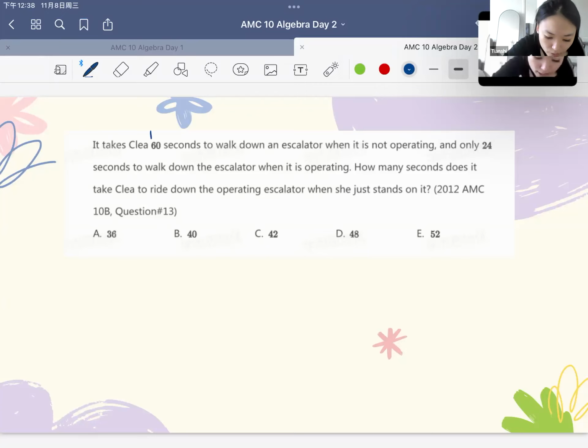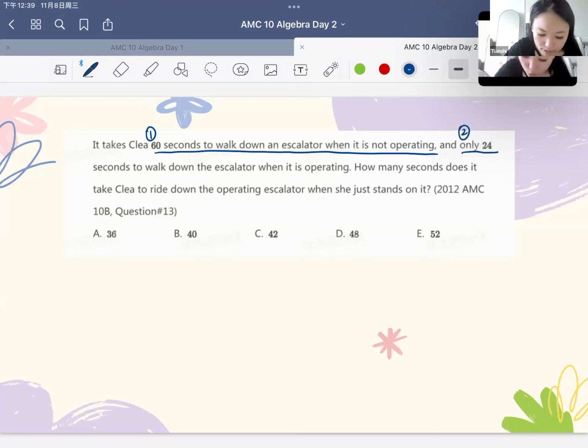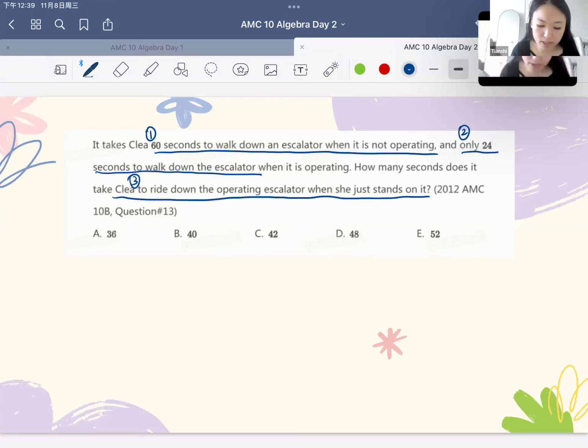The first scenario is 60 seconds to walk down the elevator when it's not operating. The second scenario is 24 seconds to walk down the elevator when it is operating. And the third scenario is the one that we are going to solve ourselves: how many seconds does it take Clay to ride down the operating elevator when she just stands?